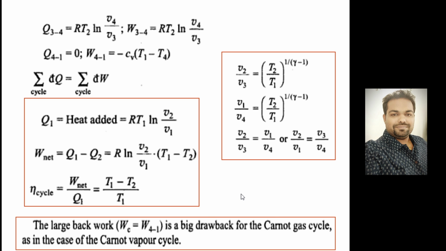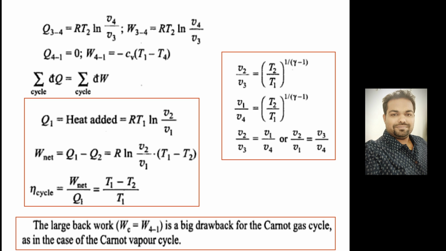But a large drawback of this cycle is that the back work, particularly the compression work, is bigger in the Carnot cycle. If you are going to make it a practical cycle, the compression work requirement is more, so overall efficiency will be less if you are going for practical application of the Carnot cycle. But theoretically, it has the maximum possible efficiency.